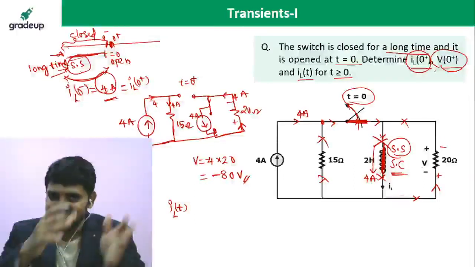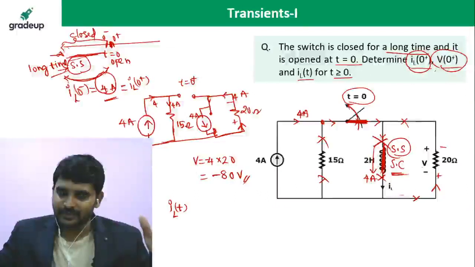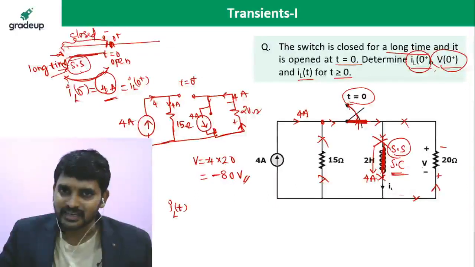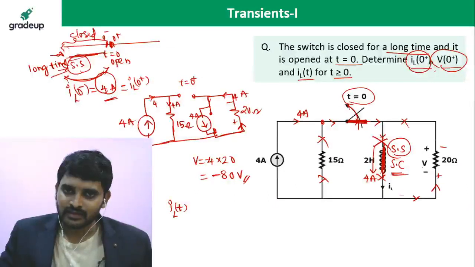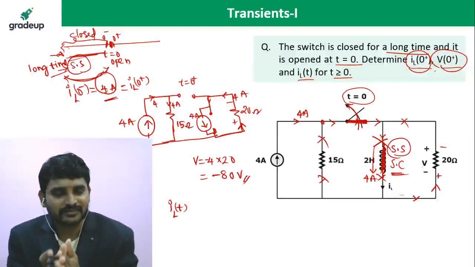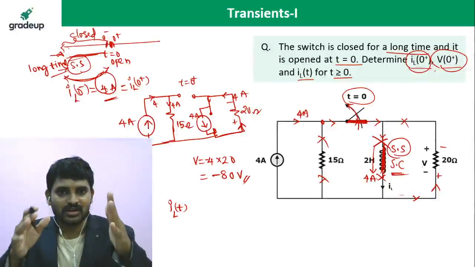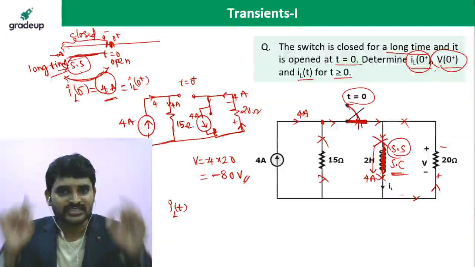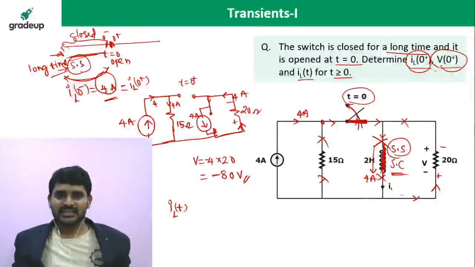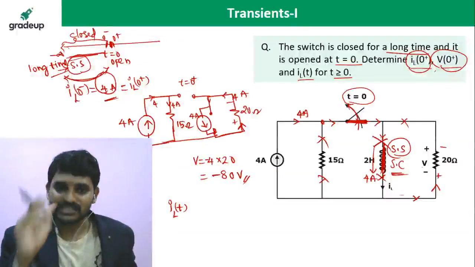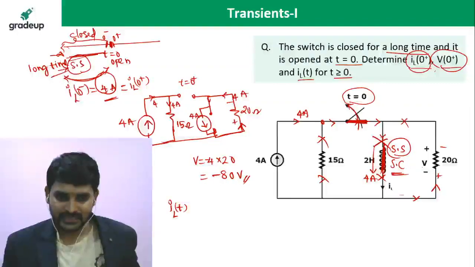So the energy discharge will be as a function of time. For how long will it exist, sir? Will it exist for a long time? No, it will exist for a short time. That's the reason why inductors and capacitors are called temporary storage elements, or temporary sources.